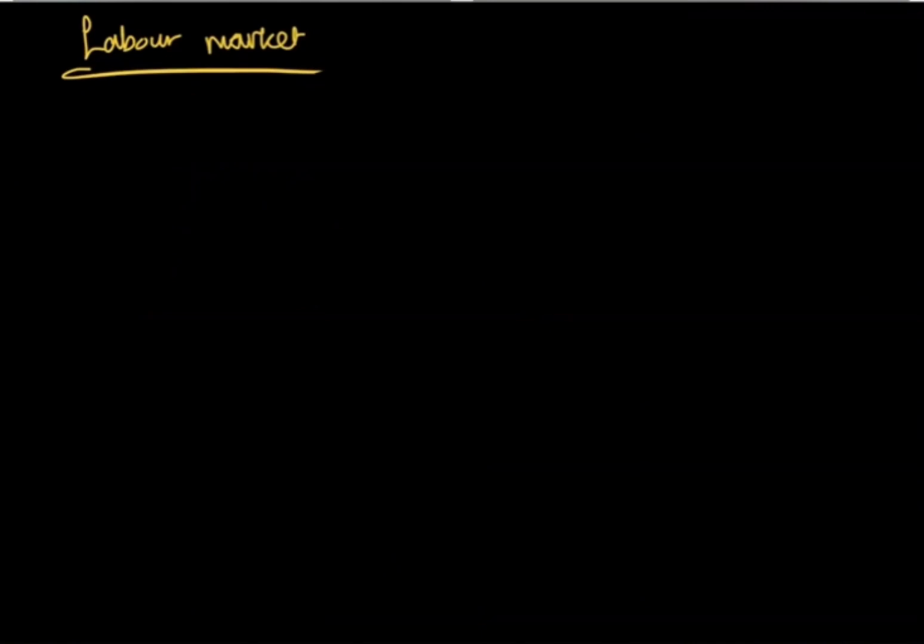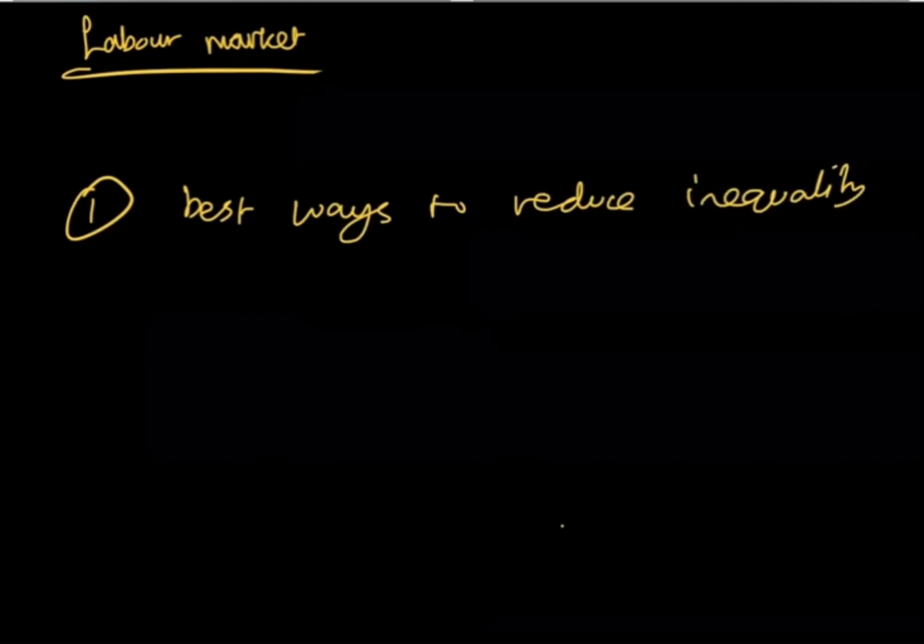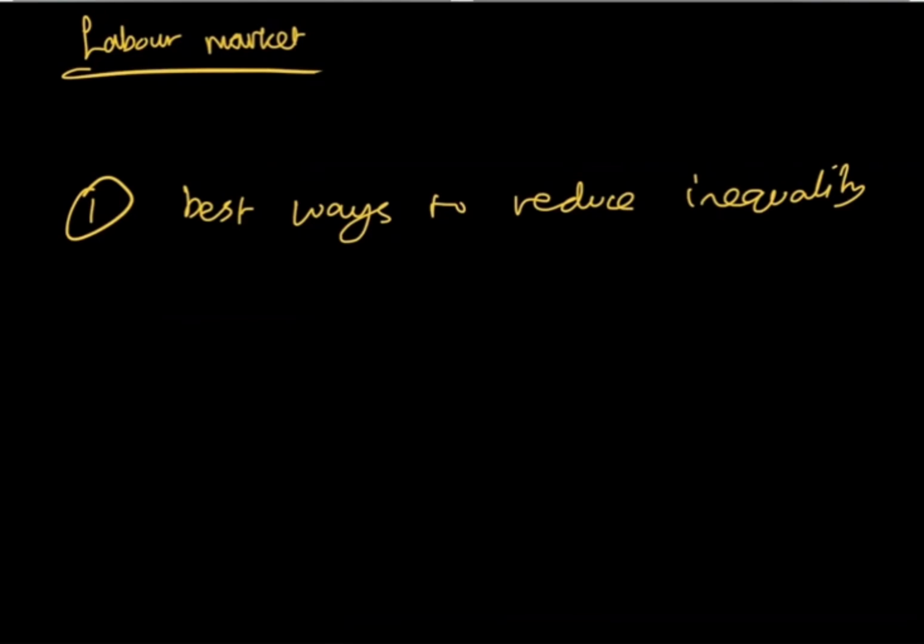Before we go on to the next bit, I'm just going to tell you the most common questions, then I'll go over everything else. The most common questions in the labor market they like to ask are: best ways to reduce inequality, or sometimes they'll say relative poverty, or they could be specific about income inequality or wealth inequality.